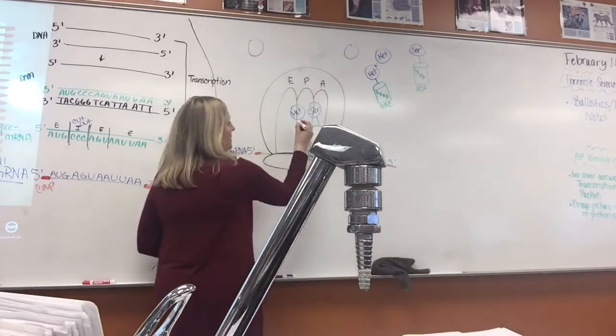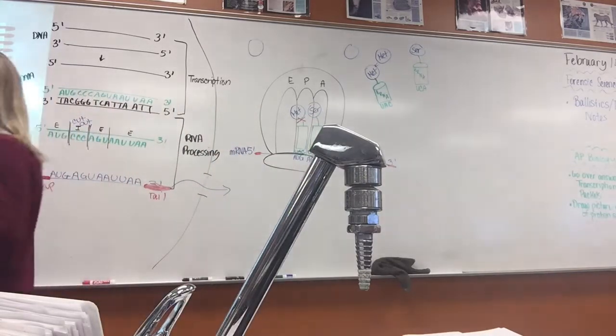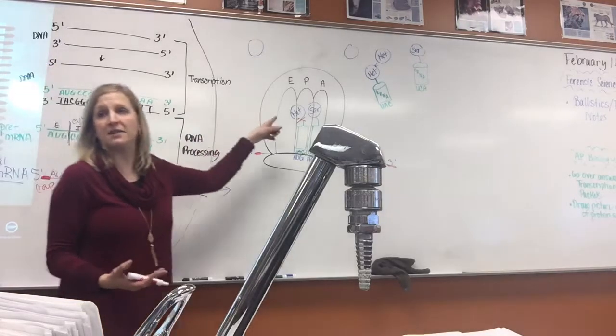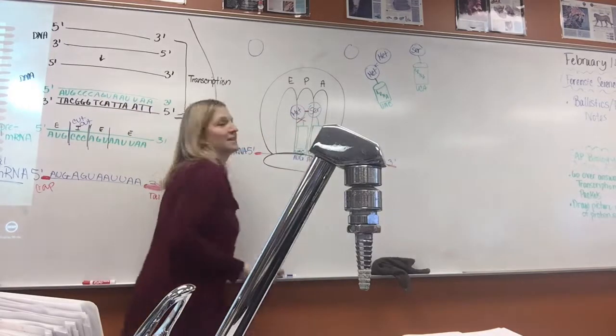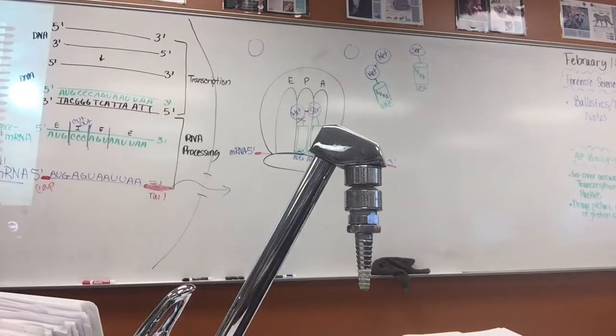We break this bond here, so methionine is no longer attached to that tRNA. That tRNA has done its job. Its job was to bring the first amino acid methionine. And then what happens is the methionine connects to the serine. So this bond is broken, this bond is formed. So now I have the first 2 amino acids in my chain, okay?